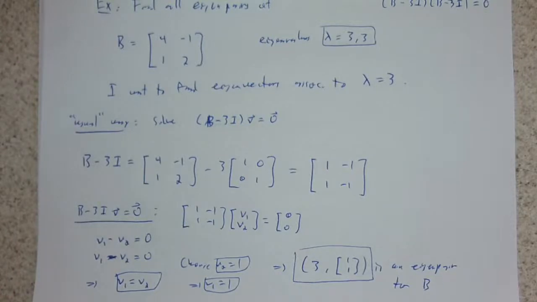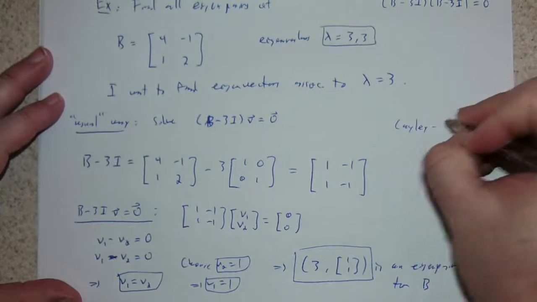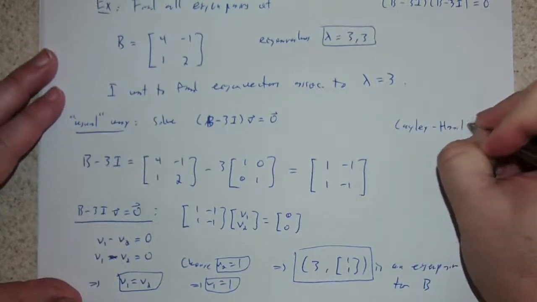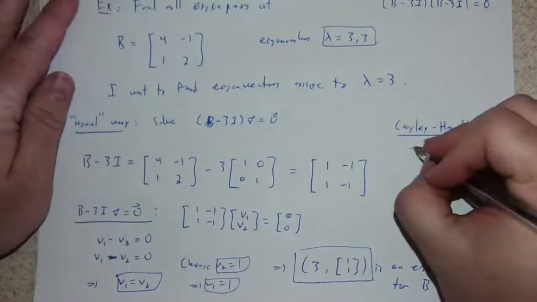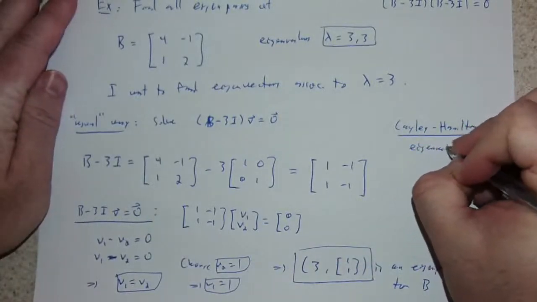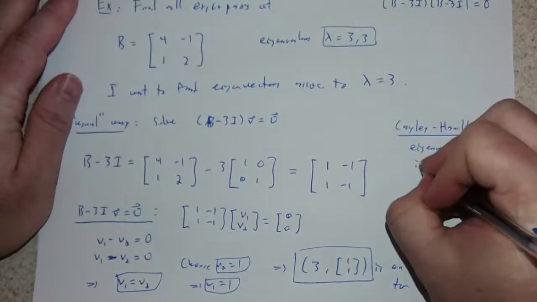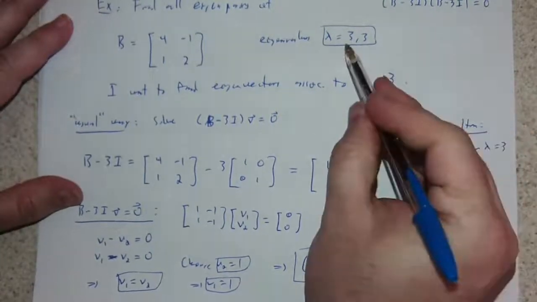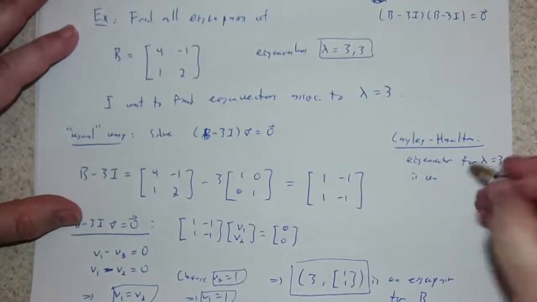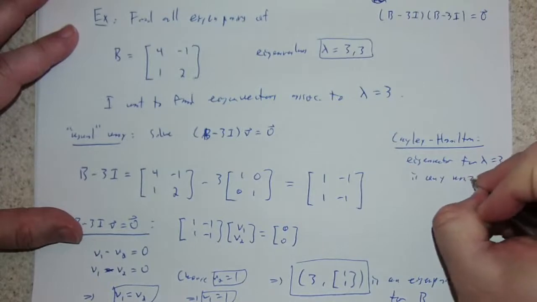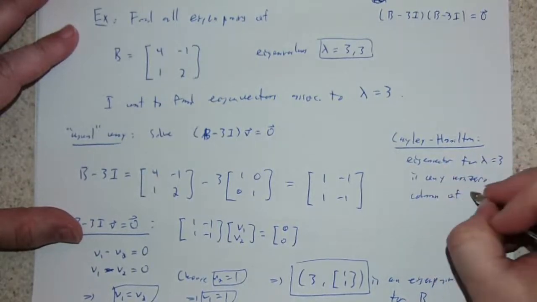Now, let's do Cayley-Hamilton. We can actually do it in this little tiny box here. Cayley-Hamilton tells me that an eigenvector for lambda equals 3 is, because this is a double root here and I only have B minus 3I to choose from, any non-zero column of B minus 3I.